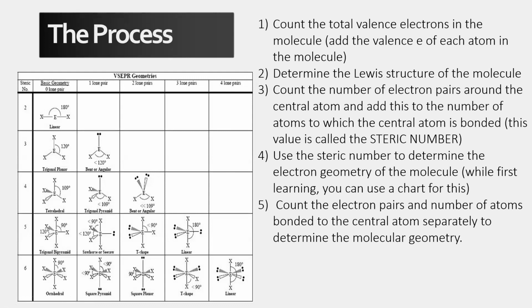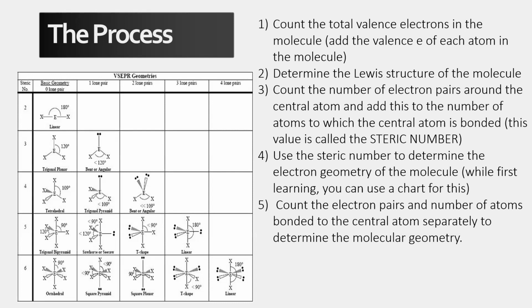So for example, if you had CO as your molecular formula, then you know that there are 4 valence electrons in carbon and 6 in oxygen, so you have 4 plus 6 equals 10 total valence electrons in that molecule. The second step is to determine the Lewis structure of the molecule, and we already know how to do that, just using the number of valence electrons we determined in step 1.